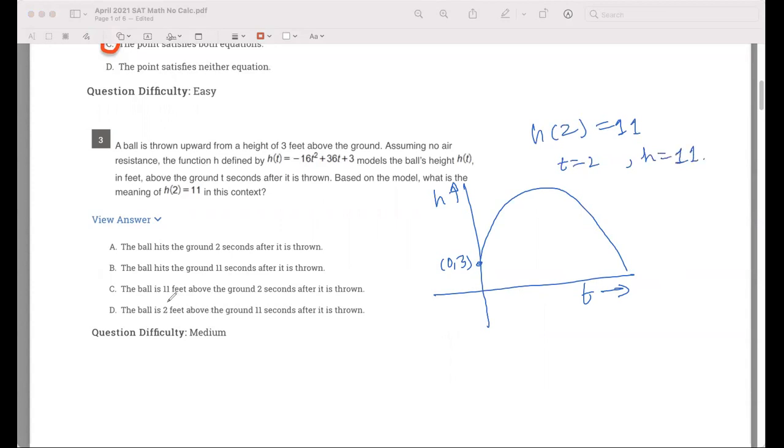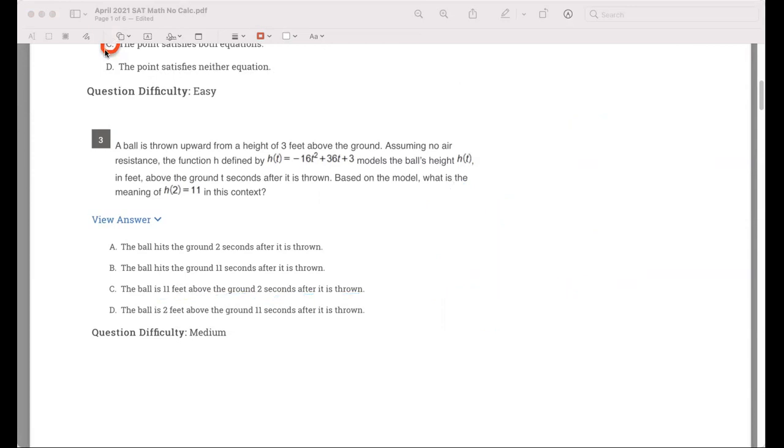So the ball is 11 feet above the ground 2 seconds after it is thrown. That's what the right answer should be, because the height is 11 when time is 2. So C is the best answer for this. I'm going to choose C.